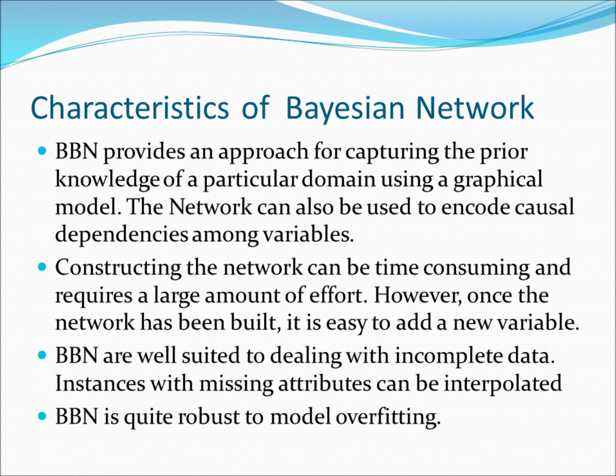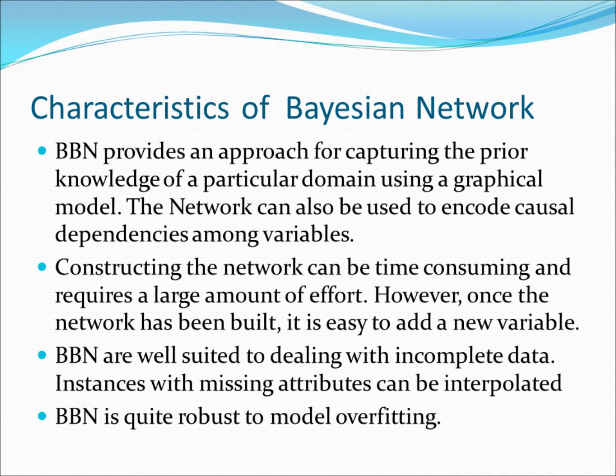Okay, what are the characteristics of the Bayesian network? First, it really captures the prior knowledge of a particular domain. That's very important for scientific research and medical research, when the data is not that random and has a clear causal relationship.